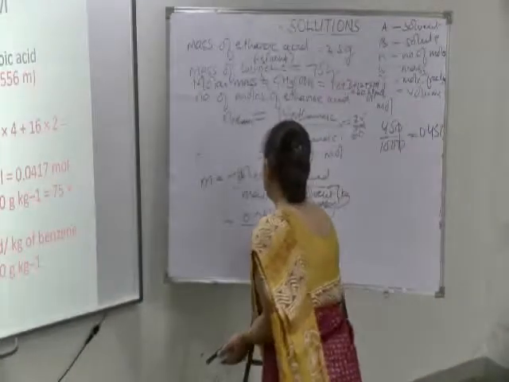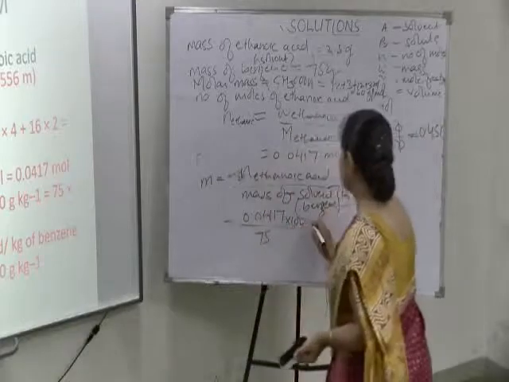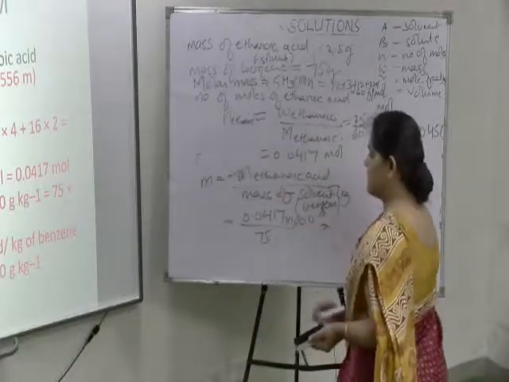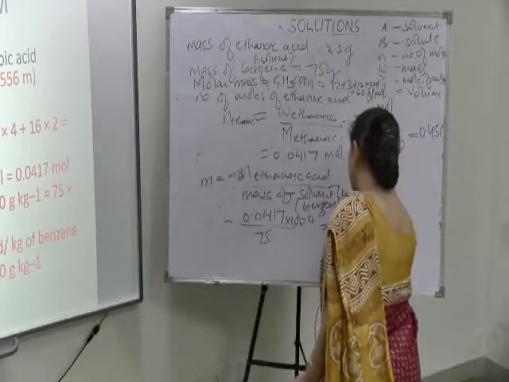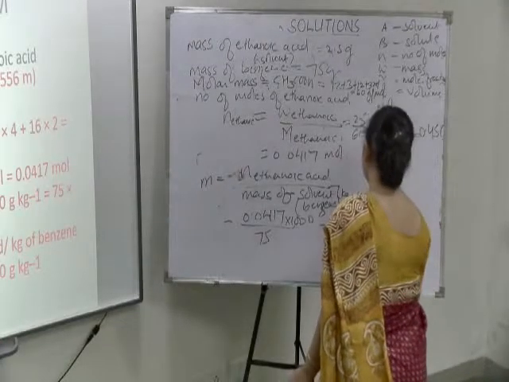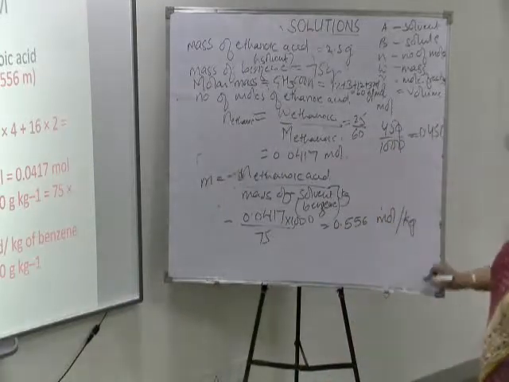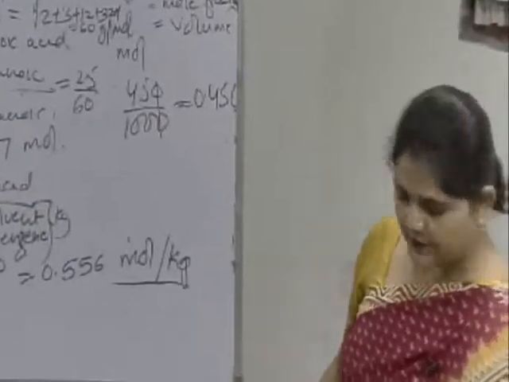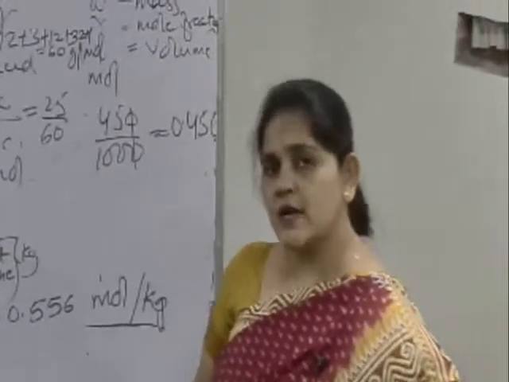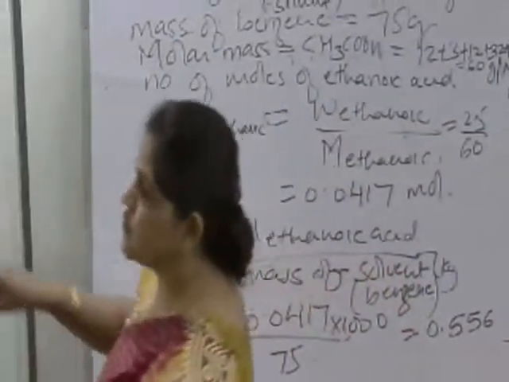Convert this to kg by dividing by 1000. So you have it in kgs. Solve this and you get the concentration in terms of molality. The unit of molality, if you see, is moles per kg, because we are giving it in terms of the number of moles of the solute present in a kg of your solvent.